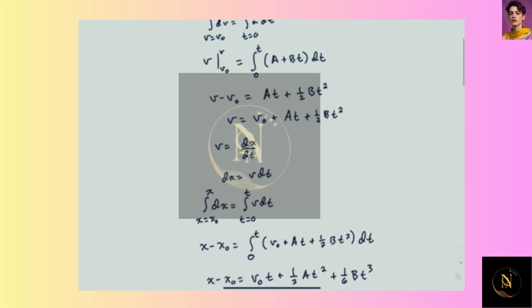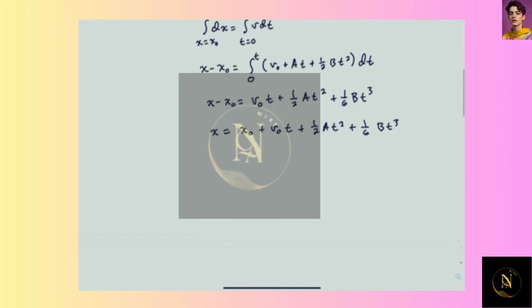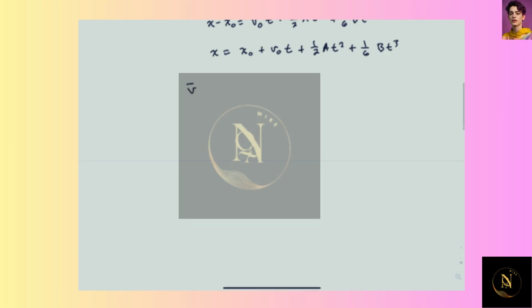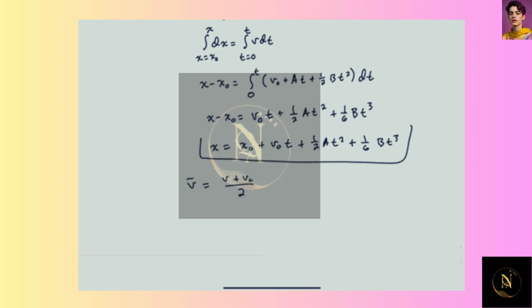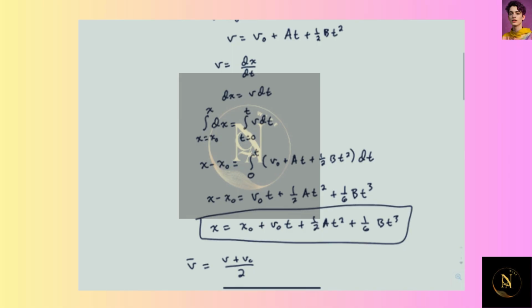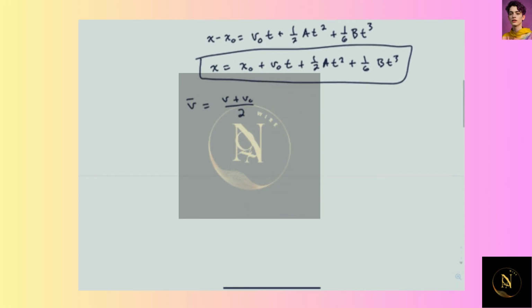And now I'm going to go back to what we're trying to show doesn't work. So I have average v is v plus v0 over 2. And to make things easier, so we have this function for position and this function for velocity, I'm just going to set v0 and x0 to 0.